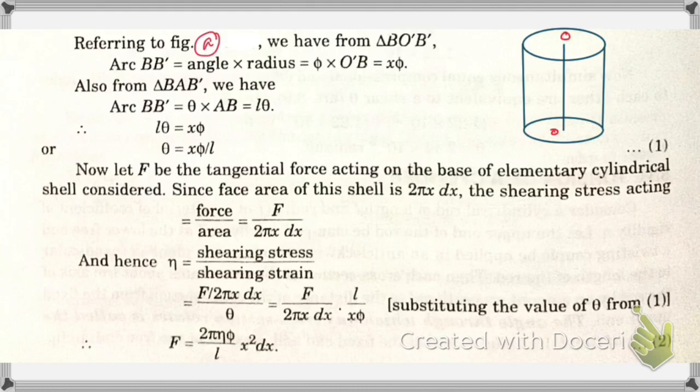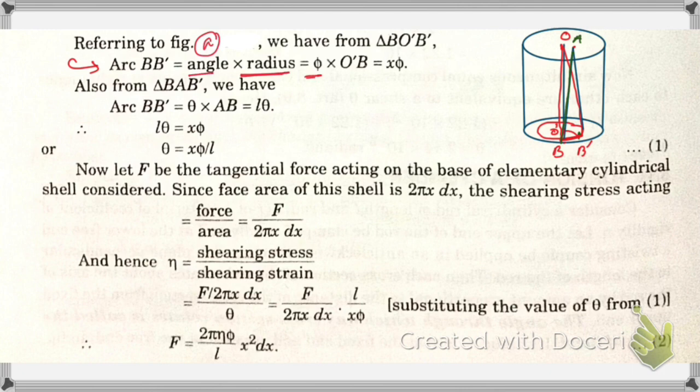Now you see, referring to figure A, from triangle B O dash B dash. So this is B dash, this is O dash. This is the triangle B O dash B dash. And here you see the arc. The length of the arc BB dash will be angle into radius.